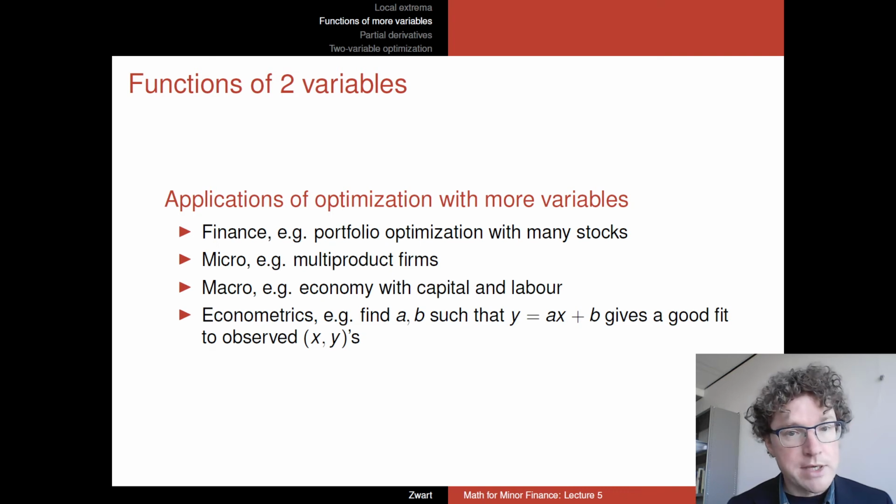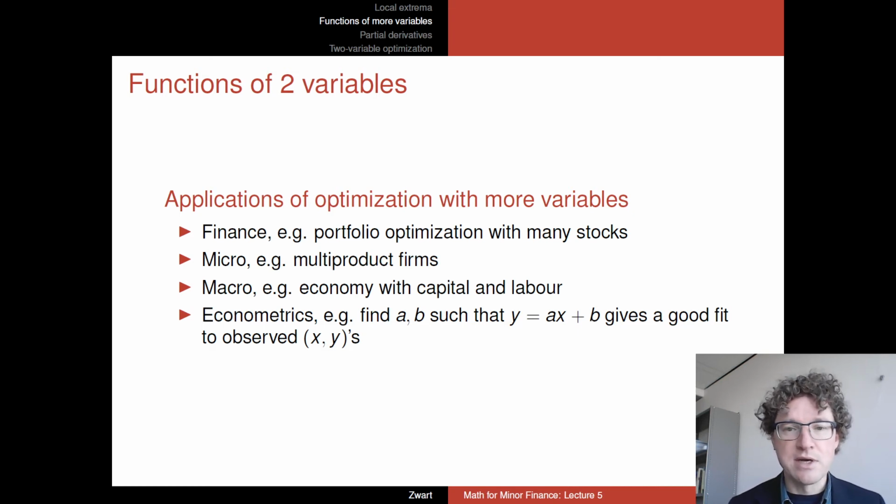In microeconomics, you might have a look at multi-product firms which sell 2 or 3 or perhaps even 10 different brands of products, and they want to optimize their profits by selling different quantities of the different goods into the market. And they will have to determine how large will be the quantity of each good. So that's many different X's, many different Q's, if you look at Q's as quantities, that you want to optimize over to maximize your profits. So similarly in macroeconomics, lots of different variables.